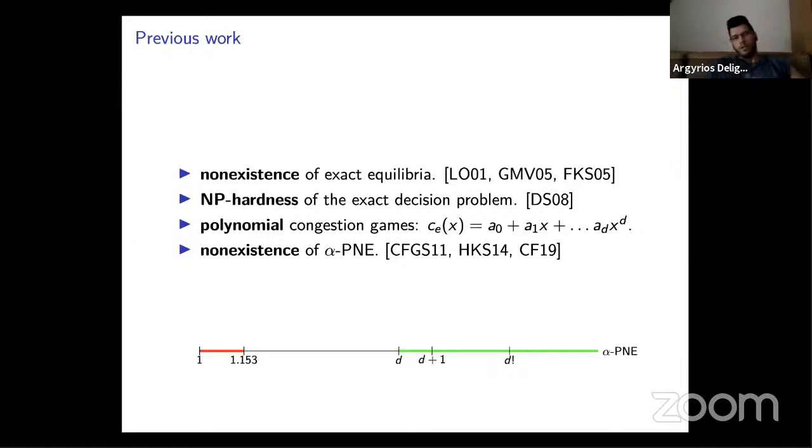So what if we do not have such strange coefficients, but the coefficients come from a distribution and have some property or something like that? Can we prove that for the existence of approximate equilibria, this D becomes much lower?